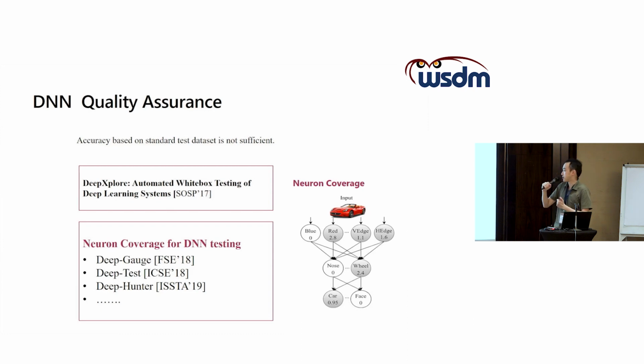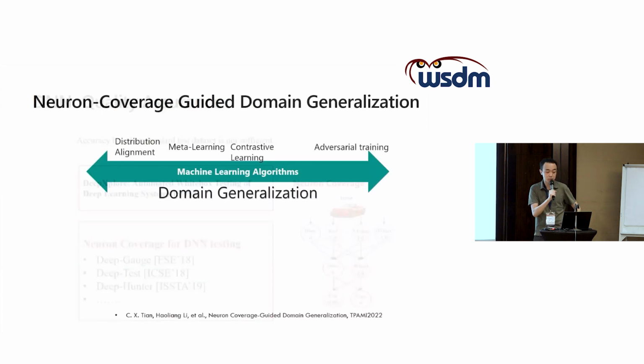But we want to ask whether the concept of neuron coverage can benefit domain generalization. Domain generalization is actually about training, where we try to improve the reliability and generalization capability of a deep neural network by applying some machine learning algorithms. So instead of simply using neuron coverage for DNN testing, we are also interested in whether we can apply such a concept to training, which benefits the domain generalization problem.